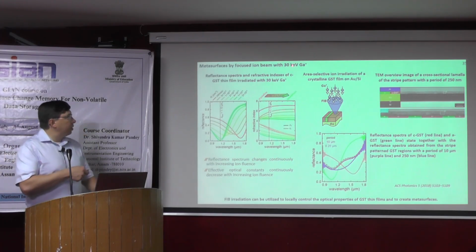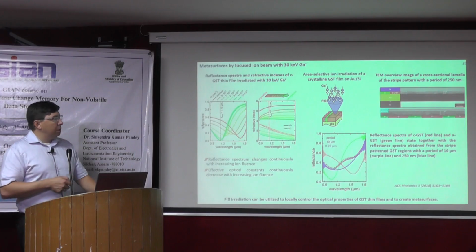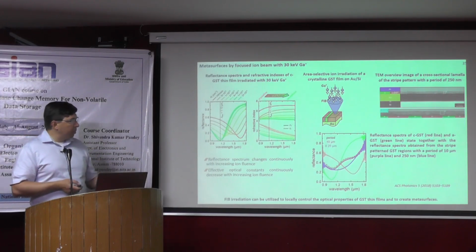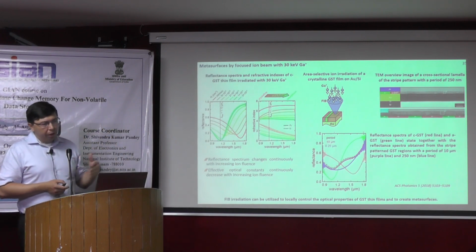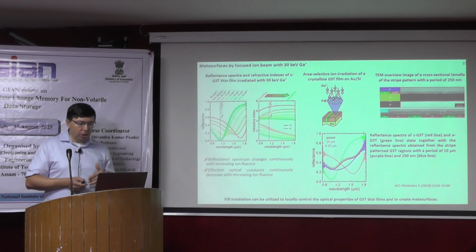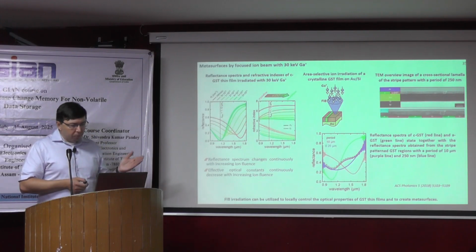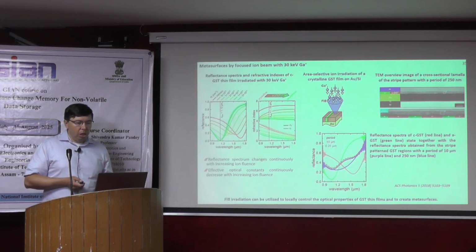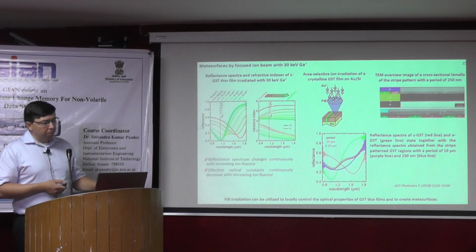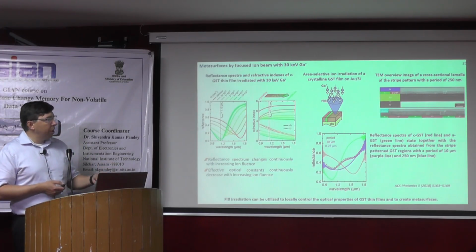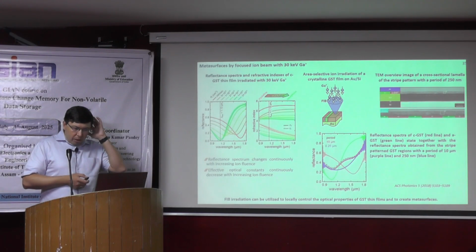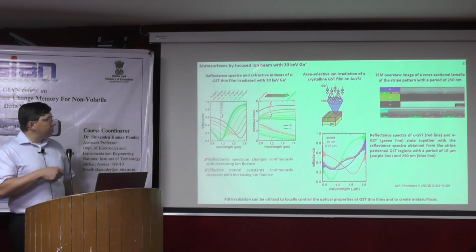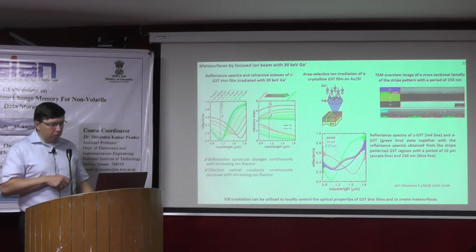Because you know from previous results that an ion beam can induce the amorphous to crystalline transition, or from crystalline to amorphous, it can maybe be used to modify the surface of GST, and can be useful for creating new, let's say, optical devices. In this case, metasurfaces were created by using a focused ion beam.